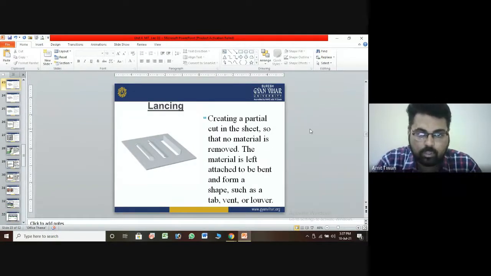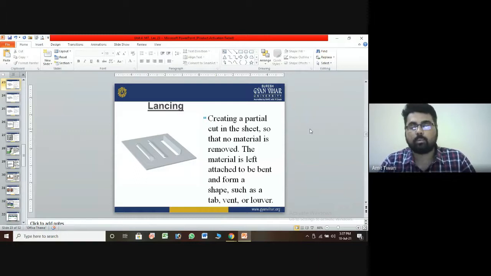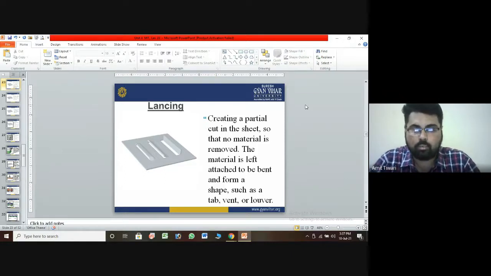Lancing operations are used, for example, for ventilation. As you can see, some ventilation will be required for this type of design. We can say that lancing is creating a partial cut in the sheet so that no material is removed. The material is left attached, to be bent and form a shape such as a tab, vent, or louver, and this is known as lancing.